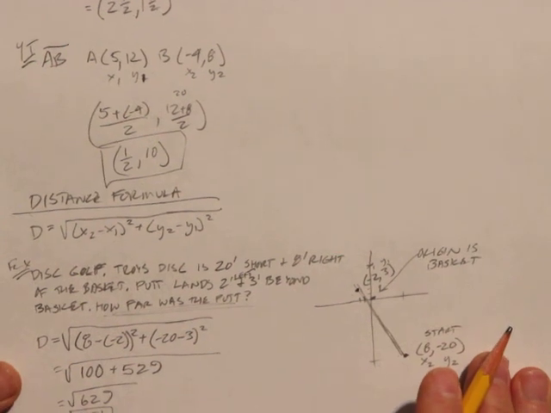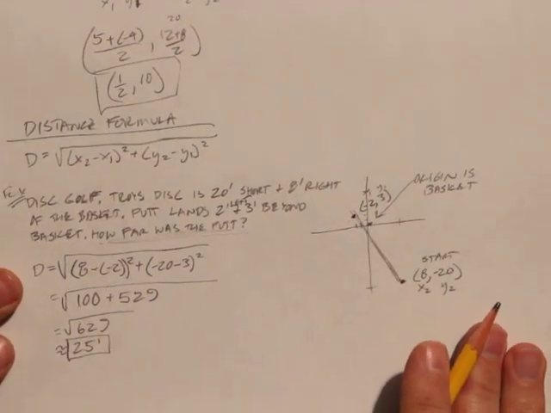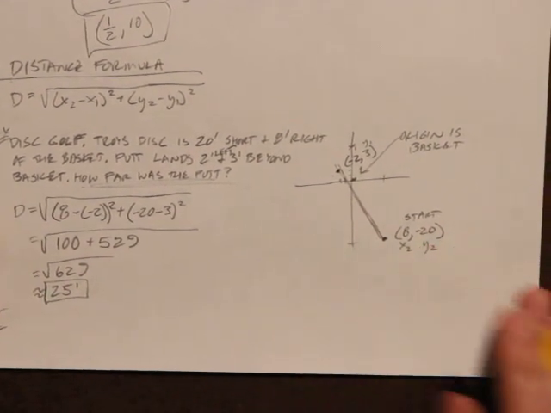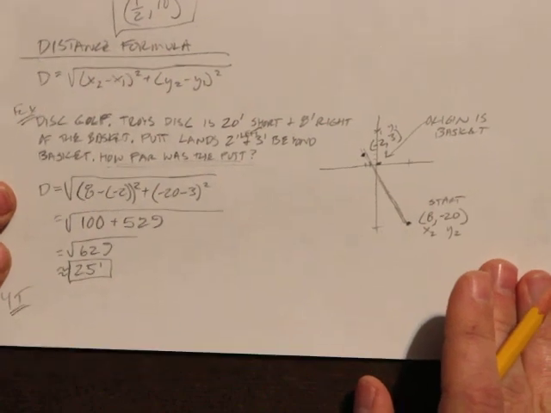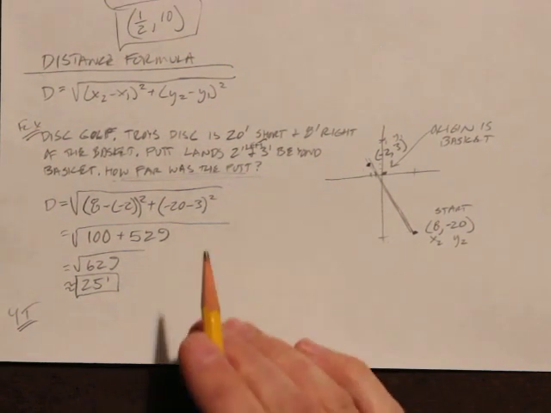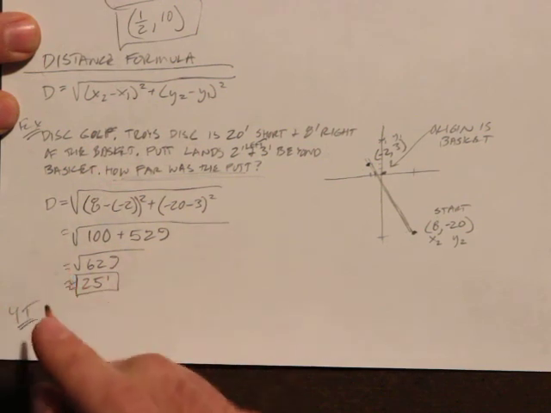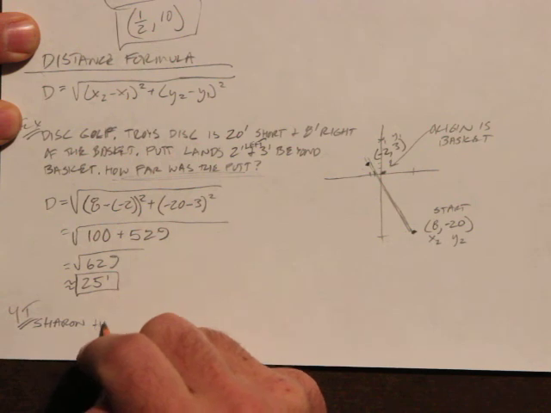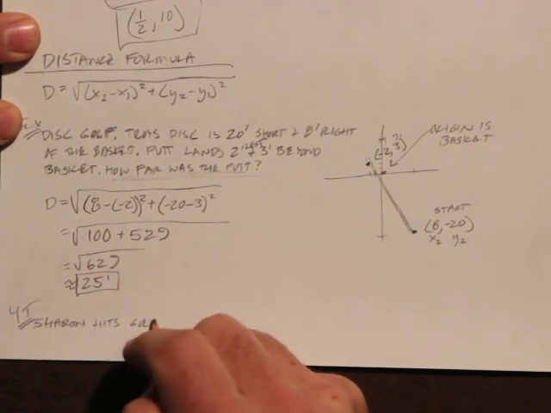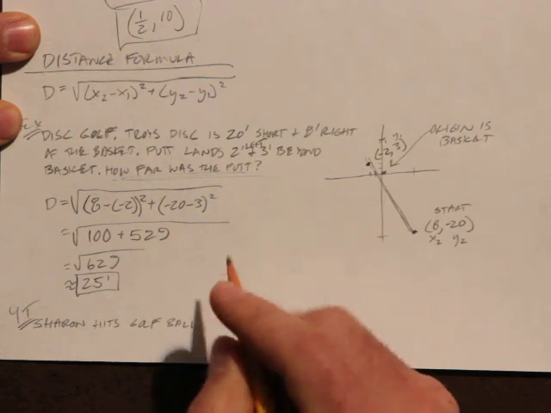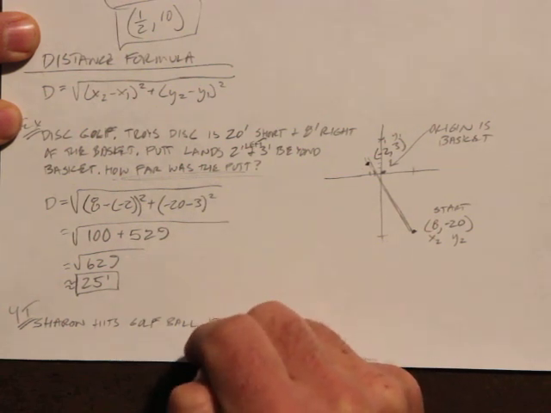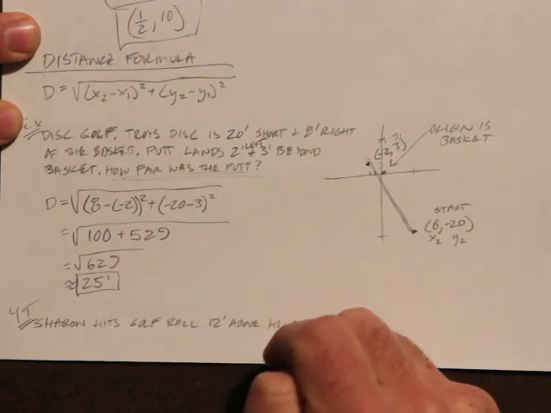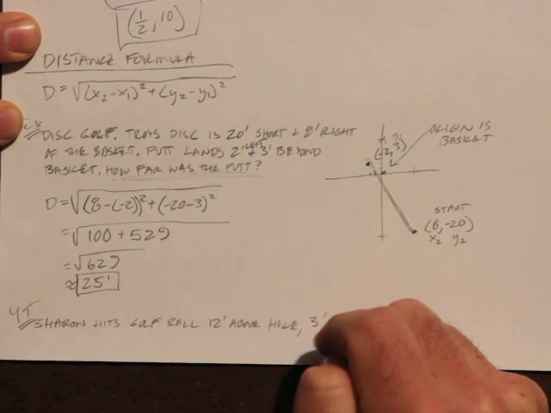All right. So now I'm going to give you an example to do on your own. You try. Way down here at the bottom. So Sharon hits a golf ball 12 feet above the hole, and 3 feet to the left of the hole.